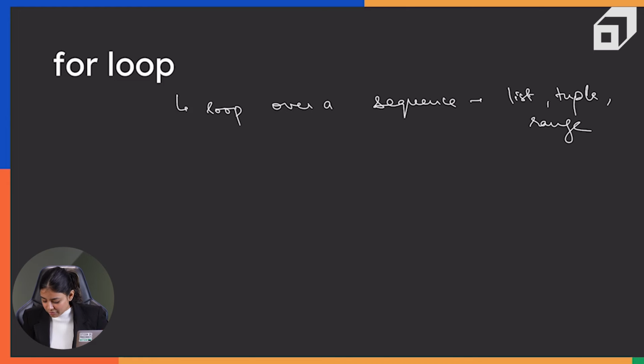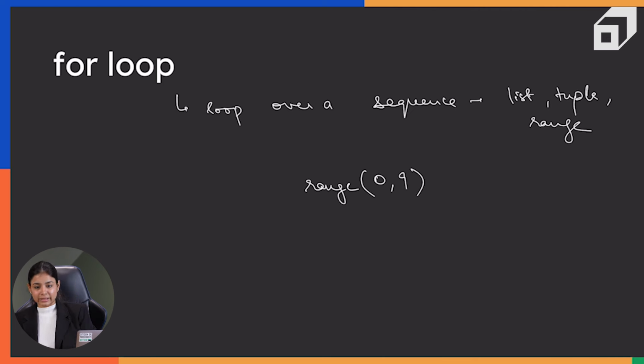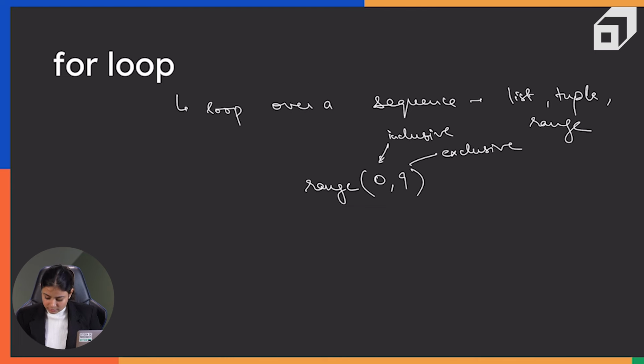We have a function range that gives us a range of numbers, whatever we mention. So if I mention 0 to 9 here, it will give me a range of numbers from 0 till 8. The starting point is inclusive and the ending point is exclusive.